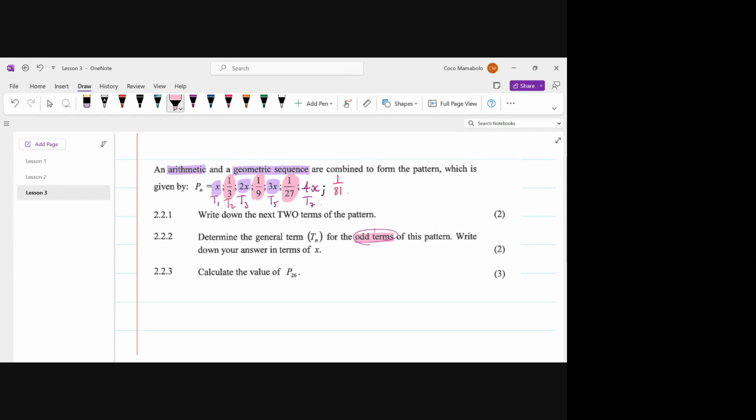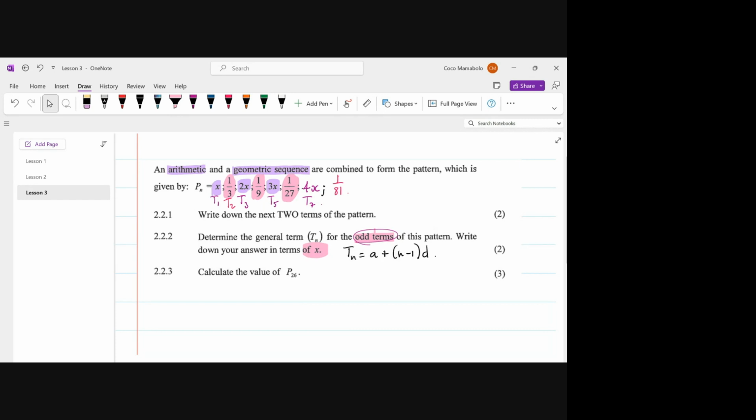And it says, write down your answer in terms of x, because we know that x is going to be part of this answer. We know that x needs to be part of our answer because x is part of our common difference. So we can use Tn is equal to a plus (n minus 1)d.